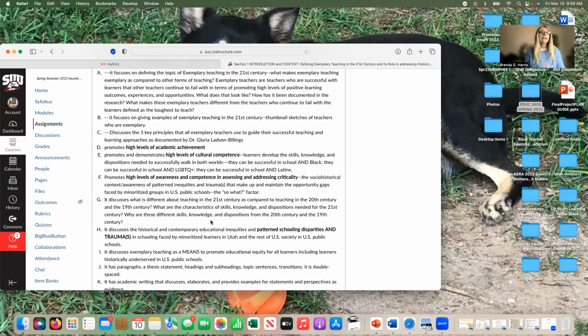And the reason that I know that is because if you look at the history of public schooling, public schools have never served all groups of learners equally well. The more a group is minoritized, the less likely that they have had opportunities in schools.